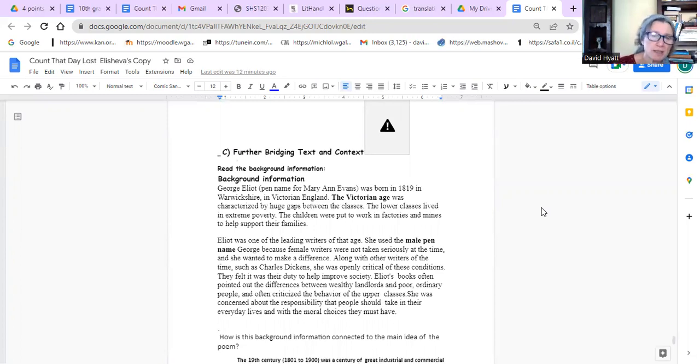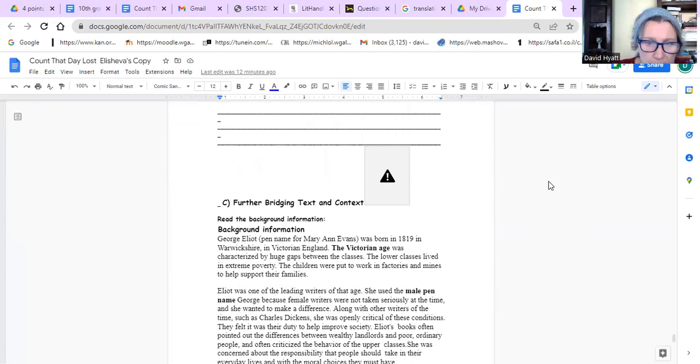A bridge זה גשר. לעשות גשר בין שני הדברים. לעשות קשר. זה יכול להיות בתוך כמה דברים שיש משהו שאפשר למצוא משותף. פה יש לנו further bridging text and context. הסיפור, פה זה שירה, והתקופה שזה קרה, שנכתב על ידי המשוררת, פה המשוררת ג'ורג' אליוט.